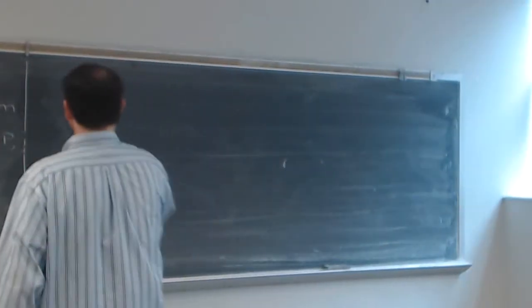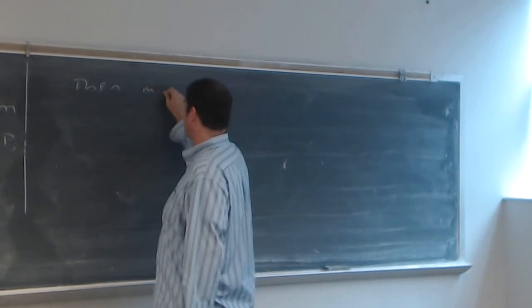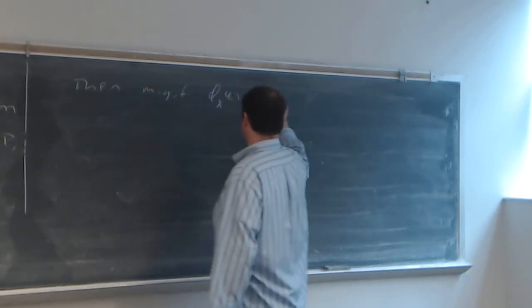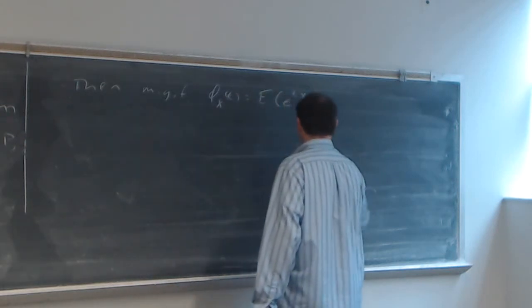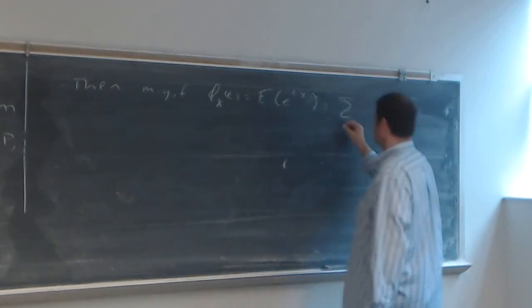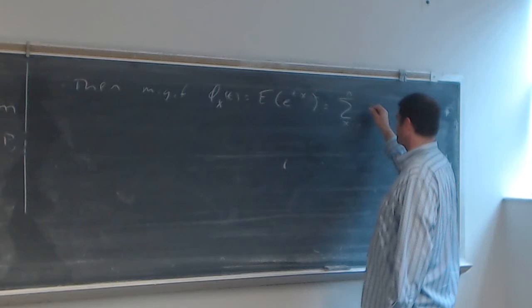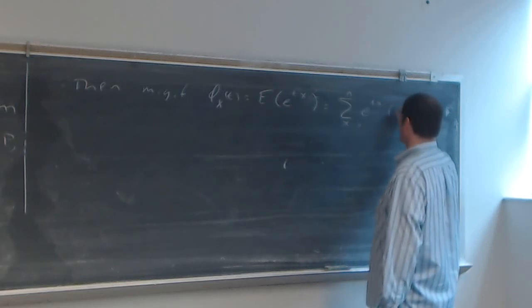Then the MGF is phi sub x of t equal to the expected value of e to the tx, that's its definition, which is a sum. Okay. So here, what can x run from? x can run from 0 up to n of e to the tx times f of x.